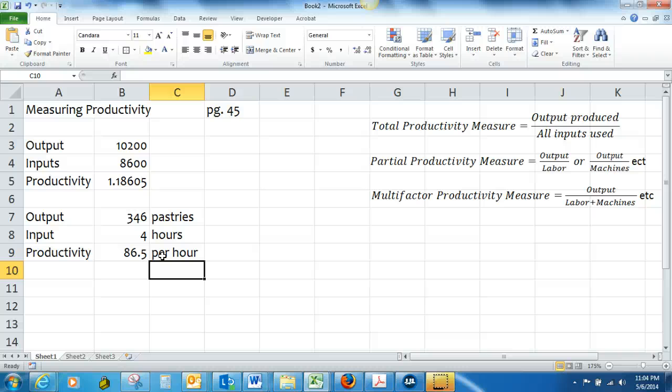All right, and then number 2 asks us, 2 workers paint tables in a furniture shop. If the workers paint 22 tables in 8 hours, what is their productivity? So this is labor productivity. Okay, so again, our output is 22 tables, and the input was 2 workers times 8 hours.